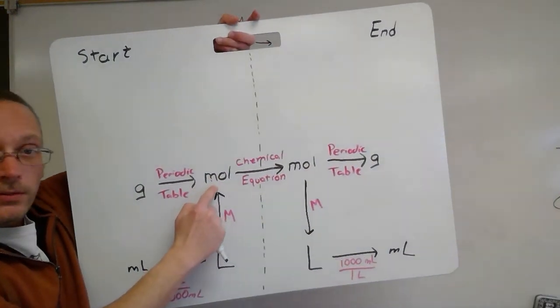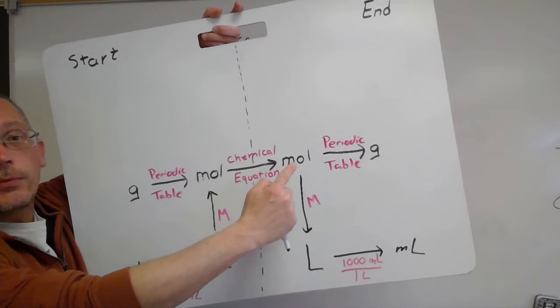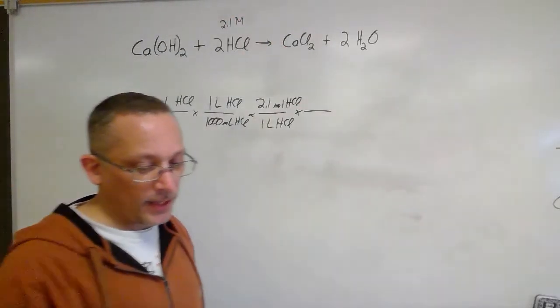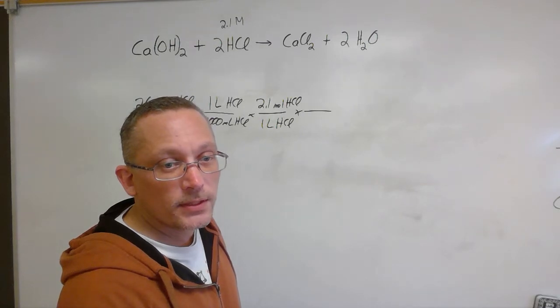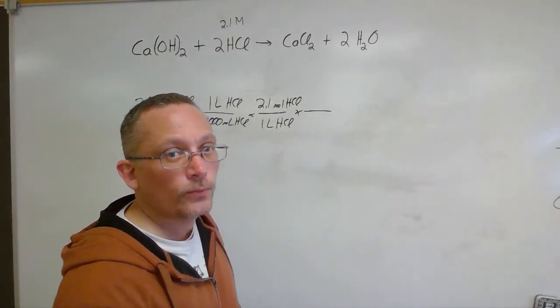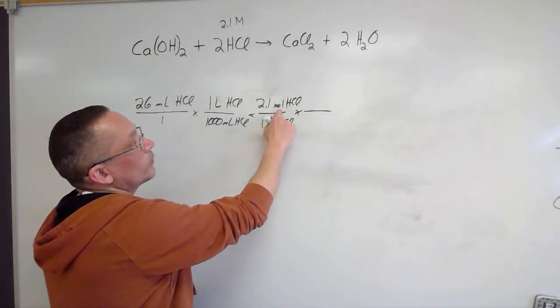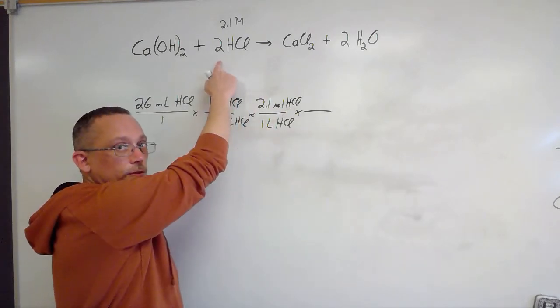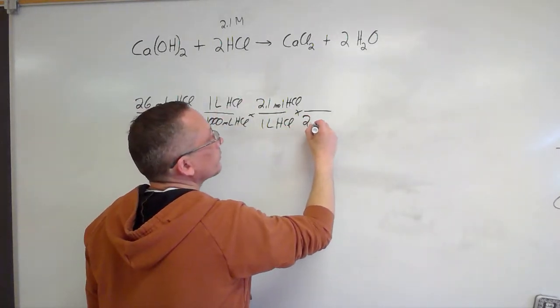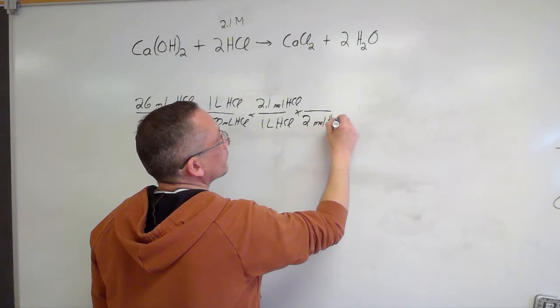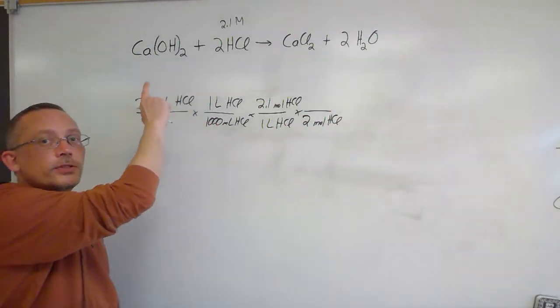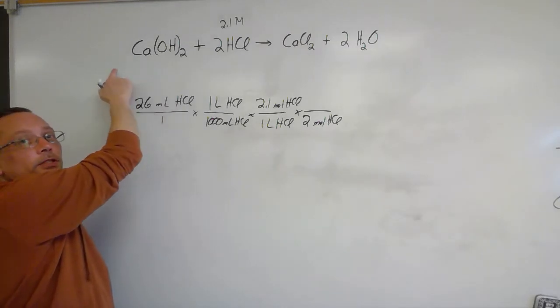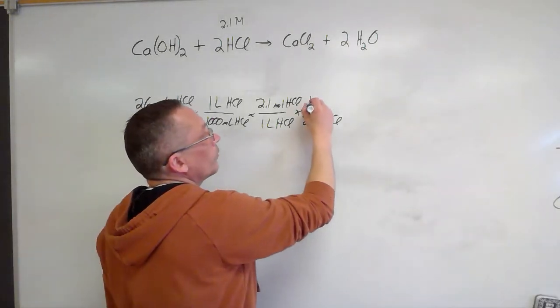Now that I have moles, I'm going to use the chemical equation to get to moles of the substance they asked me about. And the question asked me about CaOH2. So on the bottom, I'm going to want moles of HCl, which is 2. And on the top, I'll want moles of the one they asked me about, which was CaOH2, which there's not a number there, so it's 1 mole.